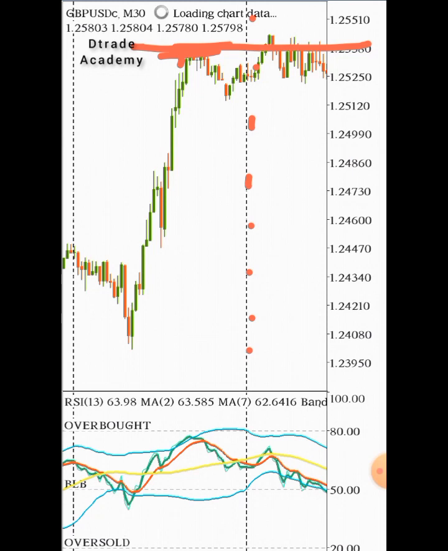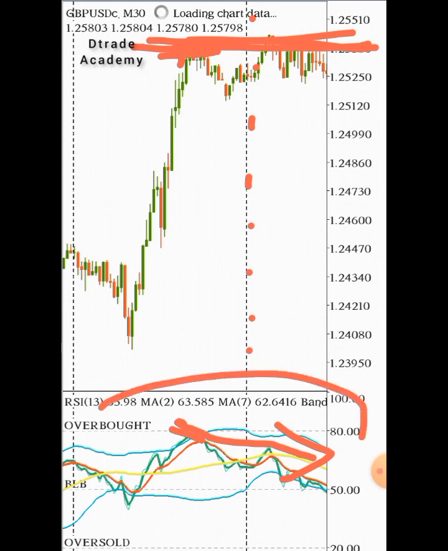What happened? Look at our TDI indicator. Connect the highs from that green RSI. Connect it. What do you see? We see this on our main chart. We have the lines in a horizontal form, but on our TDI here, we have the line going downward.